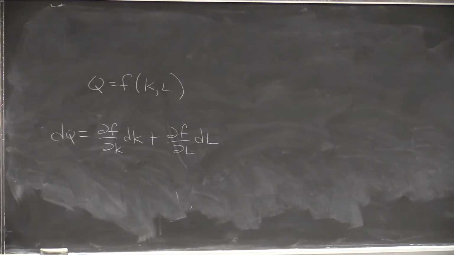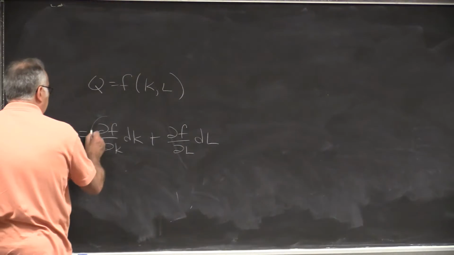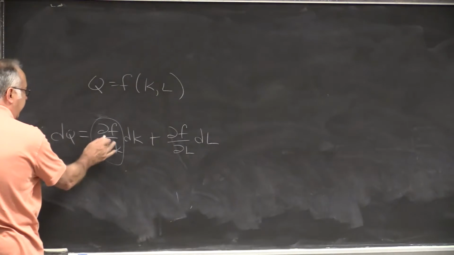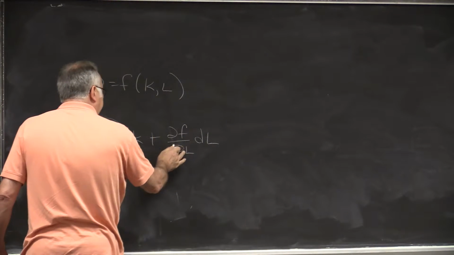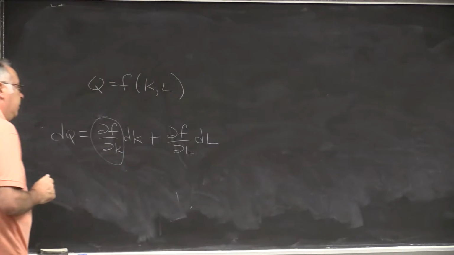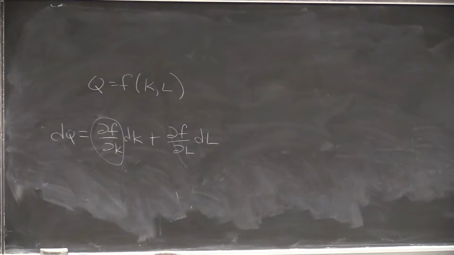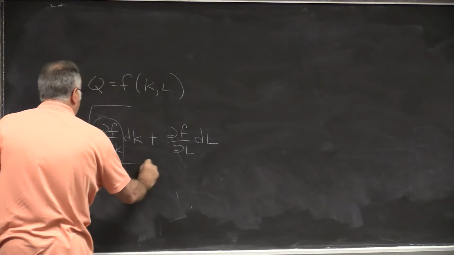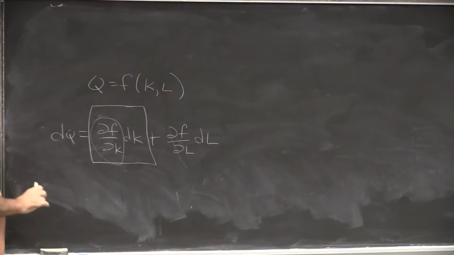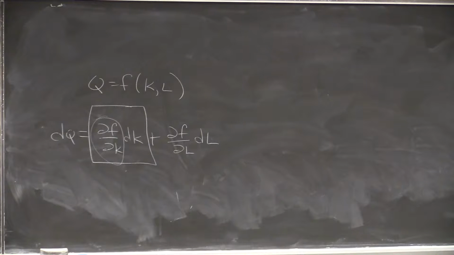Now, the change in output will be this term here, partial F, partial K, times the change in capital, plus partial F, partial L, times the change in labor. If you take this term all together, that is the change in output due to the change in capital.